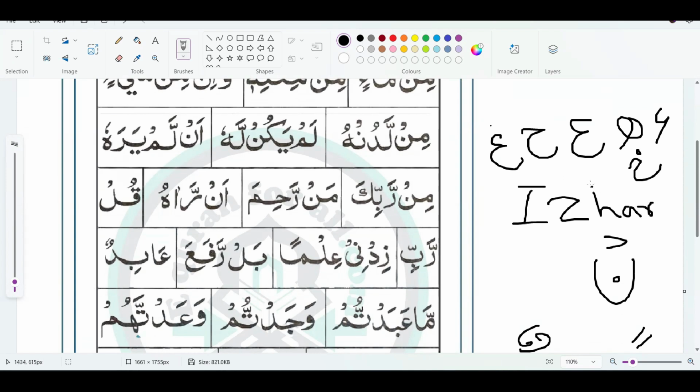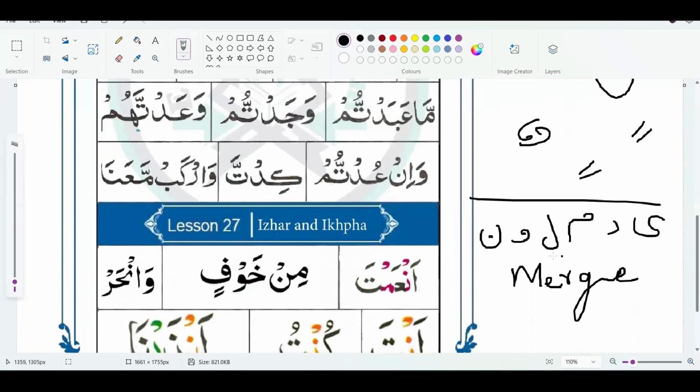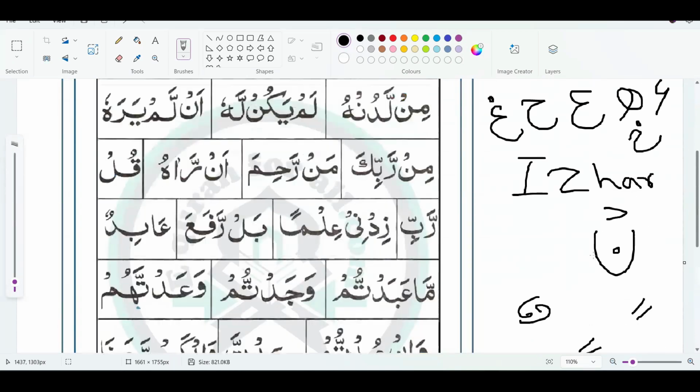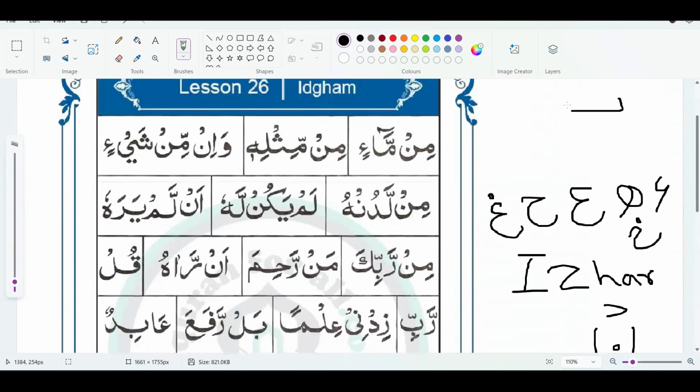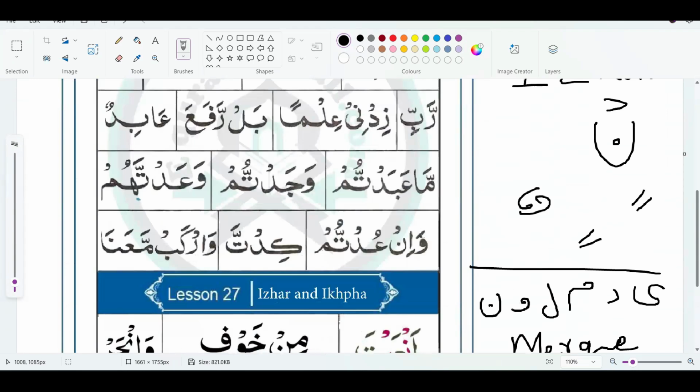Now, if there is no throat letter and no Idgham letter, and also no Ba after Noon Sakin or Tanween, then whatever letter comes after Noon Sakin or Tanween, we call it an Ikhfa letter. And now we do Gunna. So now you don't need to memorize the 15 letters of Ikhfa.